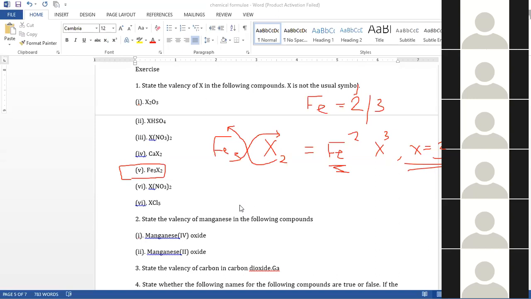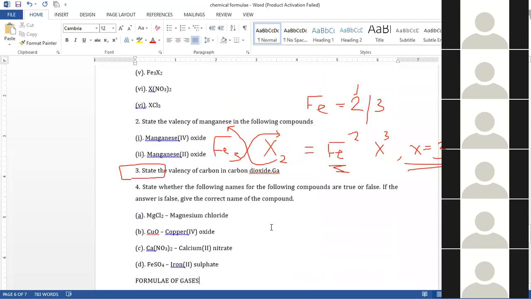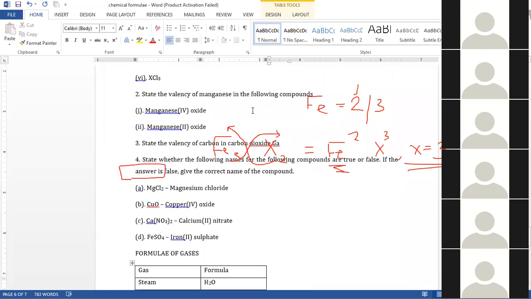Number 2, can someone read for us number 2? State the valency of manganese in the following compounds. Read part 1 and part 2. Manganese 4 oxide and manganese 2 oxide. Okay, thank you very much. We said that every time they put a number in brackets in front of a metal, that number represents the valency of that metal.